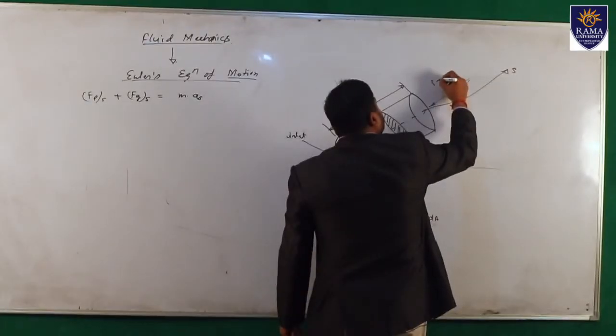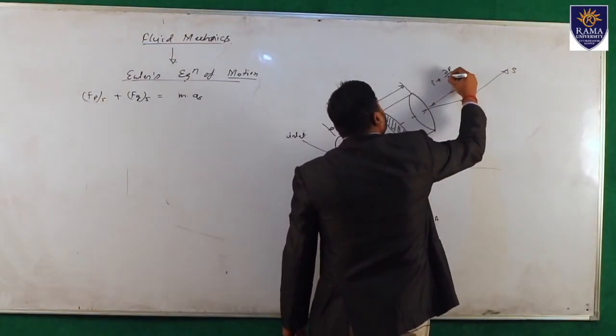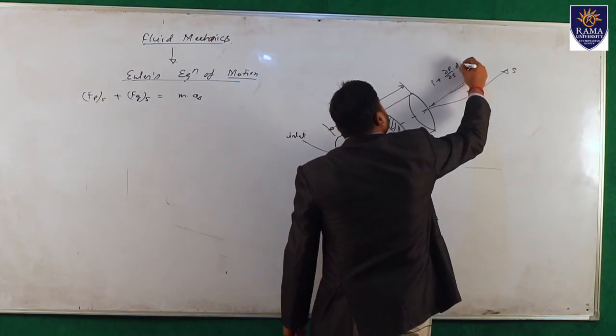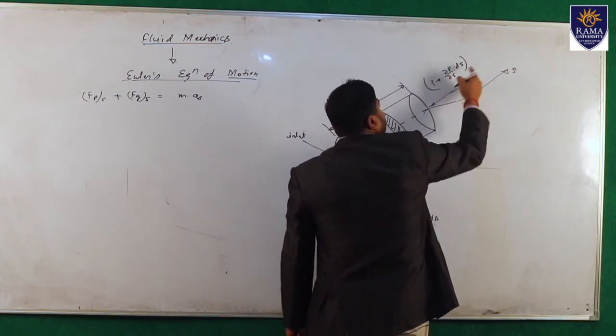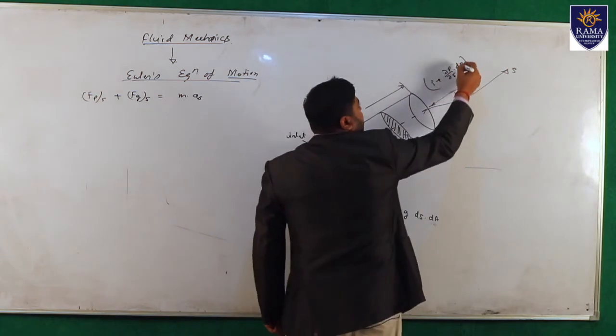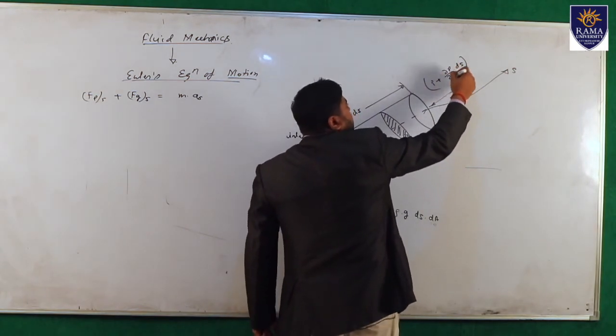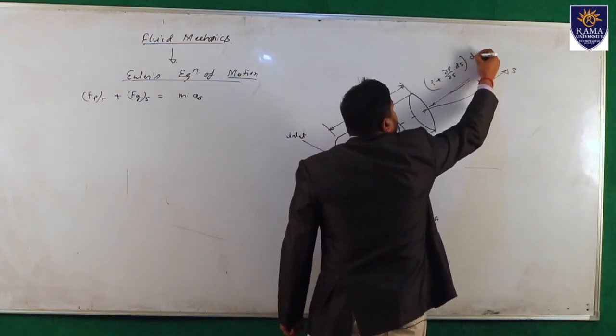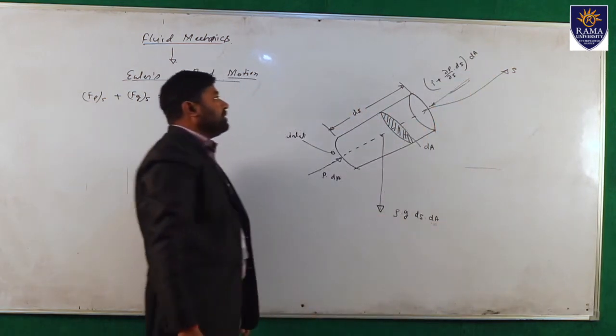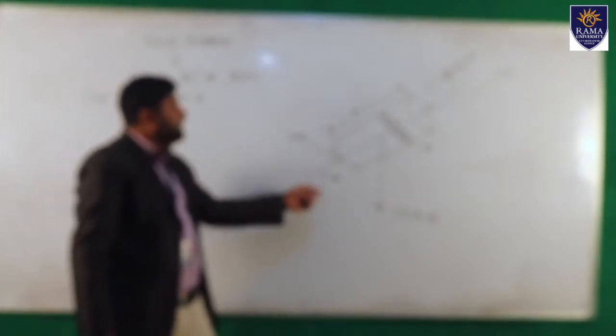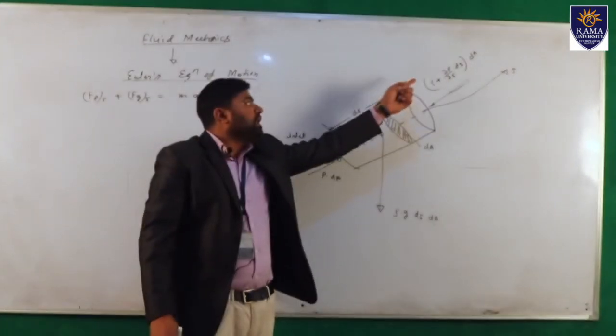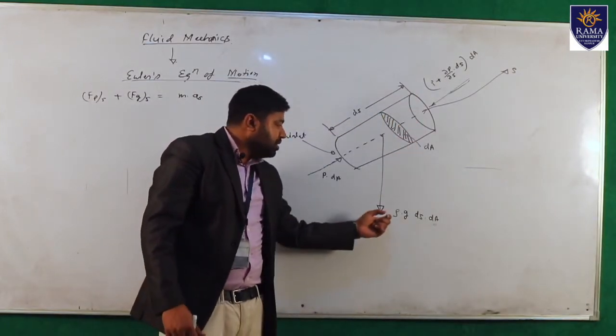That is P plus del P upon del S into ds, the pressure which has changed by a very small amount, multiplied by the area, giving the pressure force. So there are three forces: PdA, and P plus del P upon del S into ds into dA.